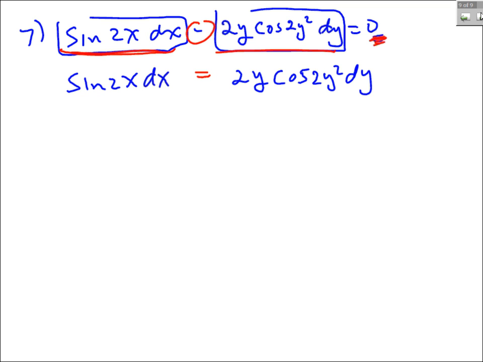So now you can integrate both sides. Unless the angle is u or y or t or w or the Greek letter gamma or beta, just one letter, call the angle u. If u is 2x, well then du is 2dx. So I'm going to call that sine of u.